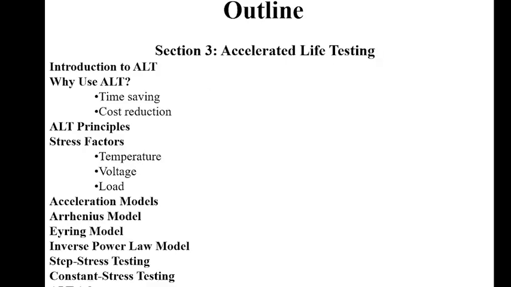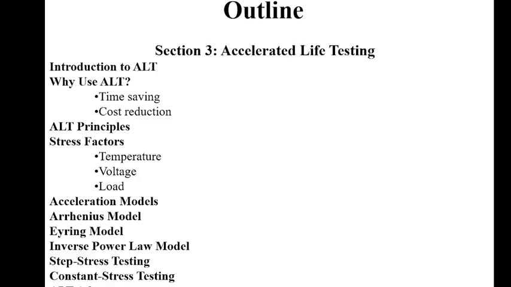All right, in section 3, we want to focus on accelerated life testing, ALT, an essential approach in reliability engineering. We begin with an introduction to ALT and discuss why it is widely used, particularly for saving time and reducing testing costs by accelerating failure mechanisms under higher stress conditions.